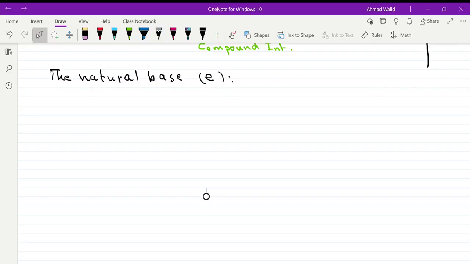Number e is a decimal number, approximately 2.71.